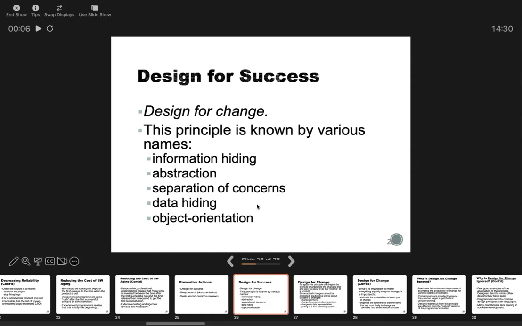For separation of concern, we can break the system into distinct sections. We can handle those specific responsibilities.